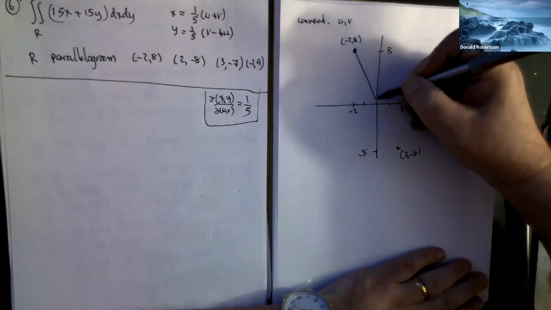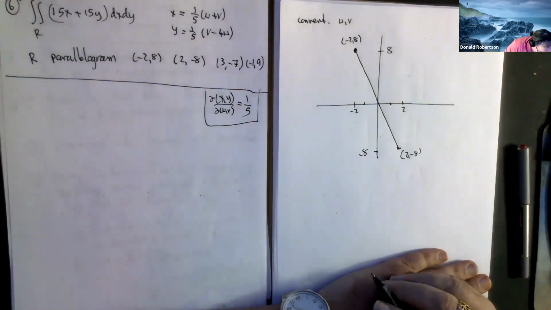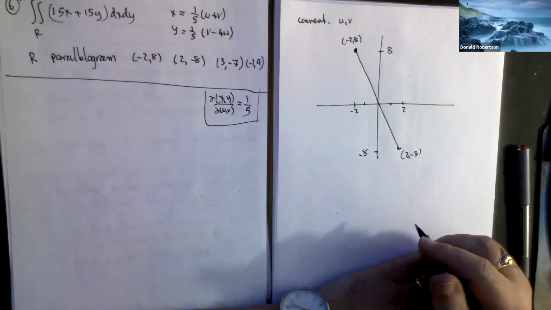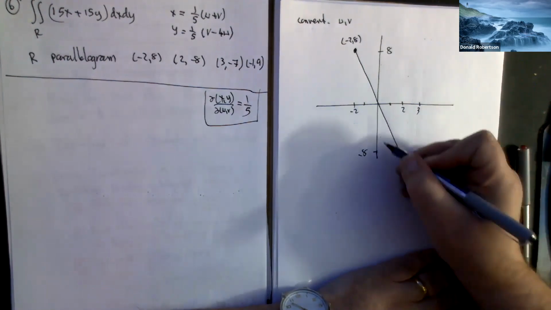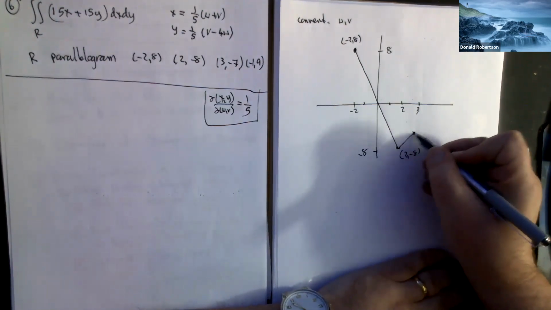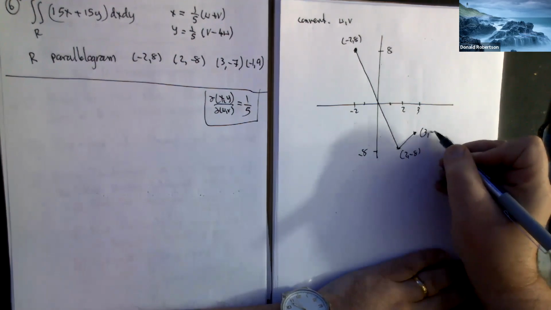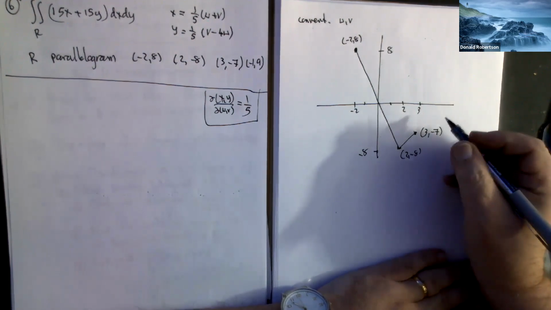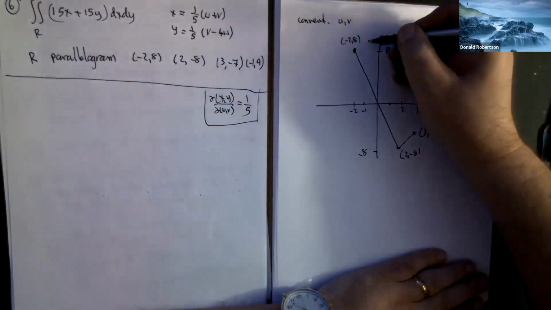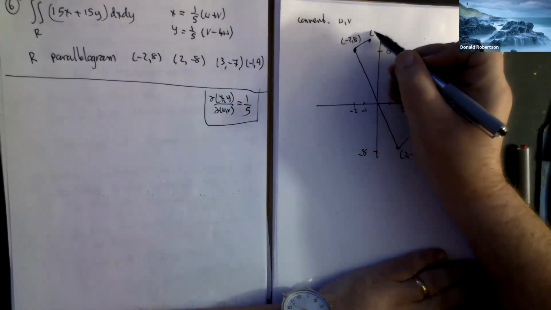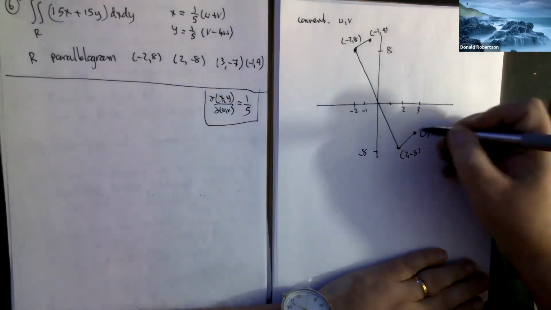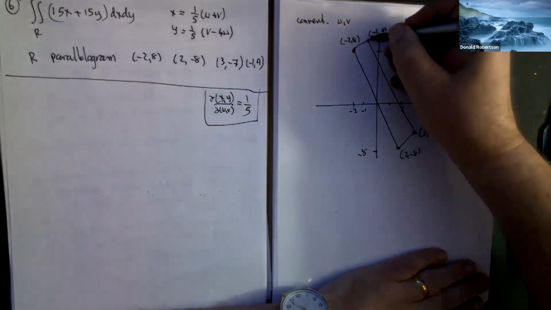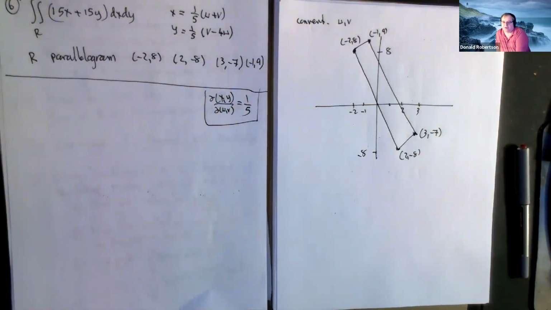So I'm pretty sure it looks like that. 3, negative 7 would be about here. Negative 1, 9 would be about here. And if I don't draw this accurately, can you pretend I did? Right. So yeah, it's a parallelogram, just like they said it would be.